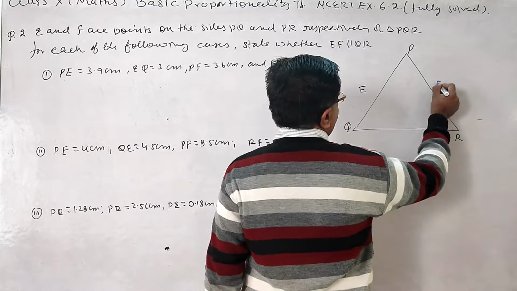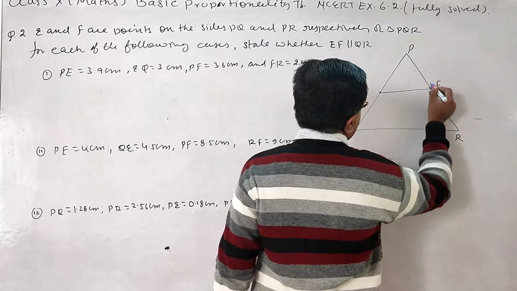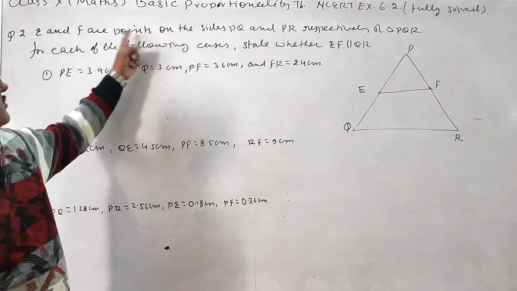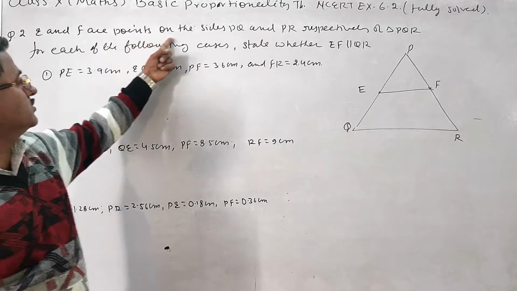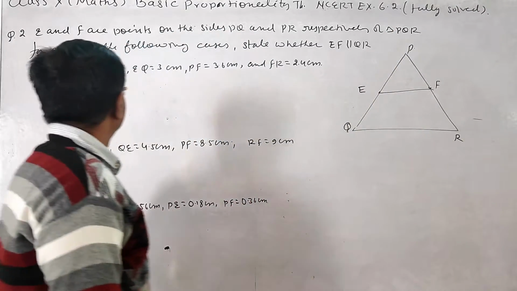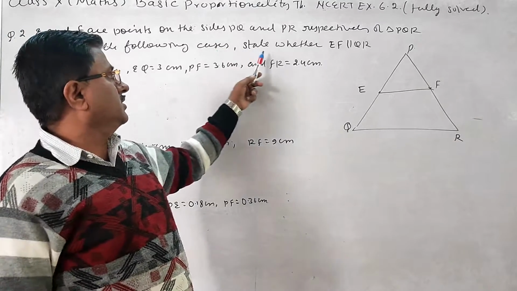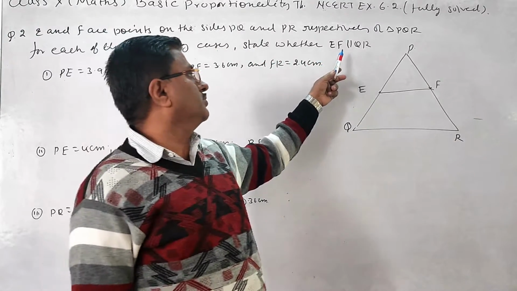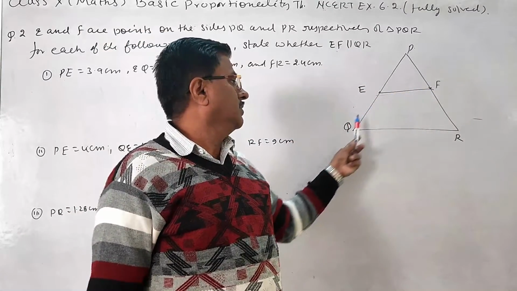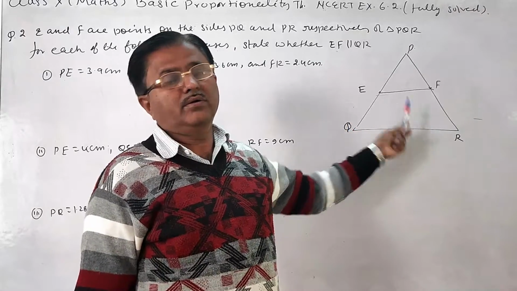E and F are points on the sides PQ and PR. We join EF. For each of the following cases, state whether EF is parallel to QR or not. That we have to check.